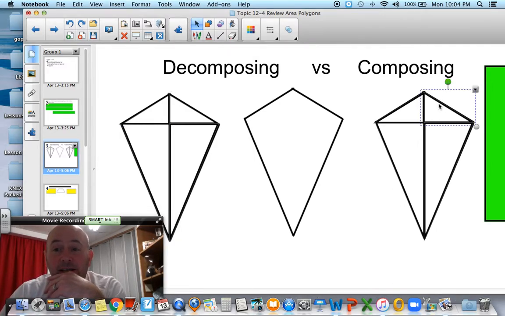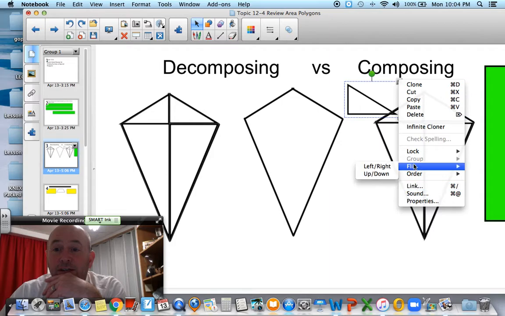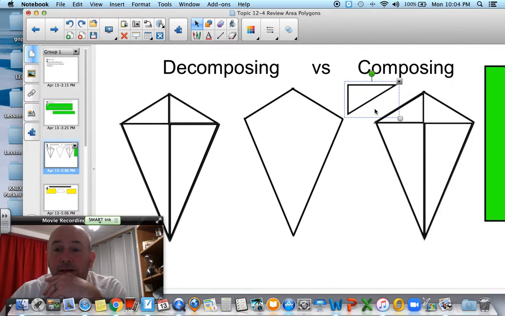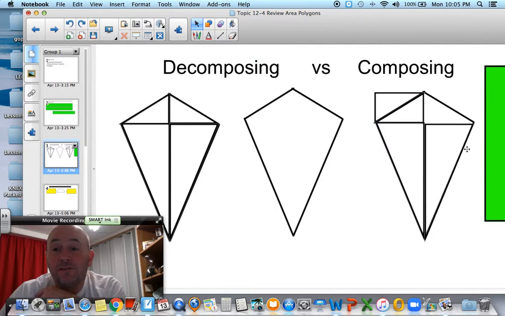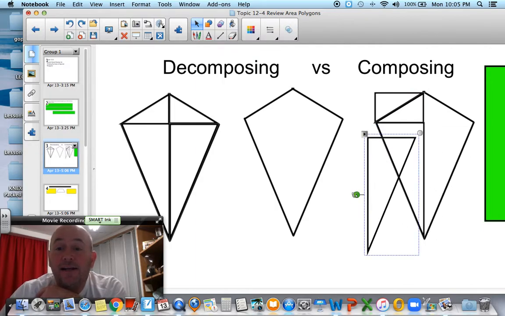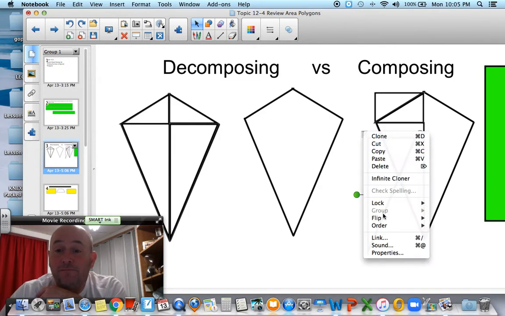So I'm just going to take this triangle right here, and we're going to flip it and transfer it to the other side, okay? So now you can see where I took it from here, I flipped that upside down, and I place it over here on top of that. Now we have a rectangle. Okay, you can see where we're going with this. So now I'm going to take this triangle and I'm going to flip it.